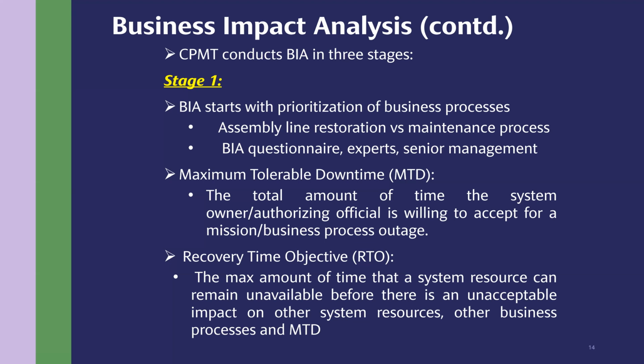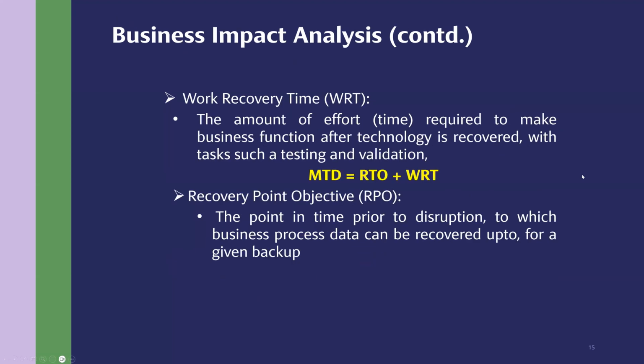MTD is the entire time, and out of that entire time, one part is RTO, the recovery time objective: how much time you are going to take to recover those systems in order to perform the operation. And the second is work recovery time, WRT.